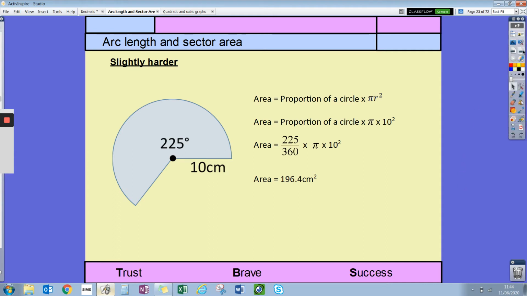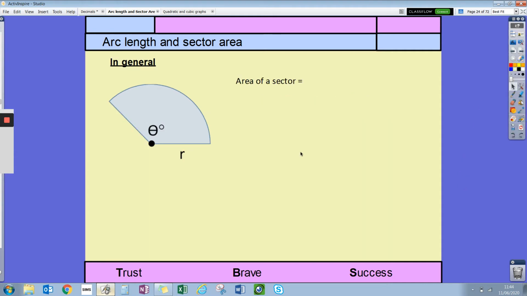Now I'm going to use this to find a general rule for the area of the sector. So remember, every time we calculated the area of the circle, pi times radius squared, and then we wanted a proportion of the circle as a sector. So here, the angle out of 360 is the proportion of the circle that we would be using in the sector.